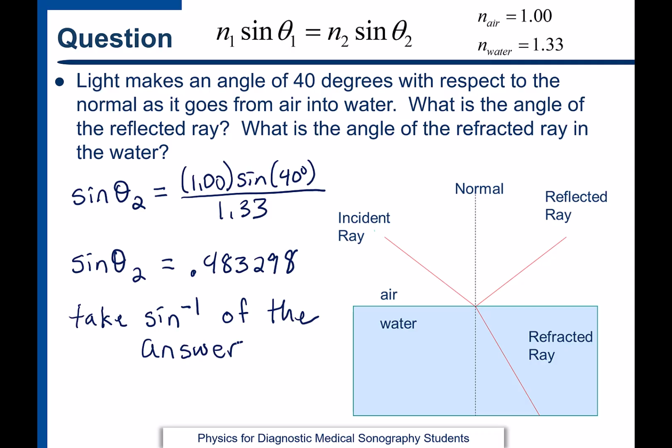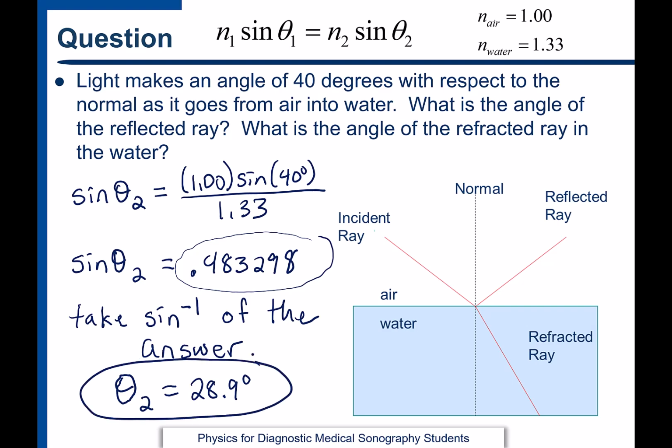So we have to take the inverse sine of this number. Okay, how do we do that? Well, first of all, let me put down the answer. What you should end up with is theta 2 is equal to 28.9 degrees. But my guess is that many of you haven't done this before in a calculator or haven't done it in a long time. So I want to show you step by step how we do it.